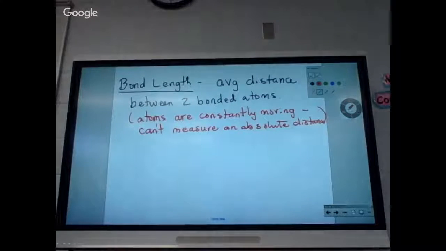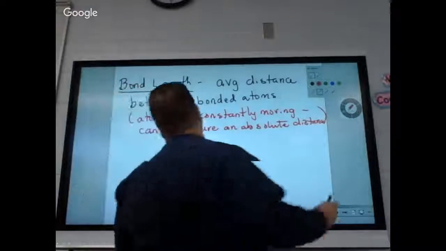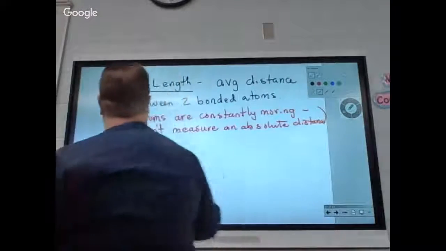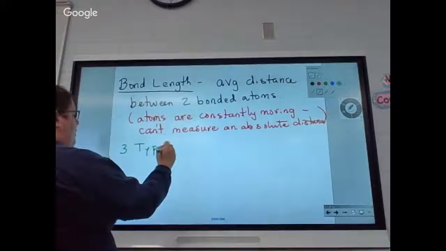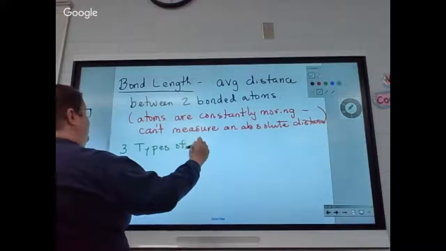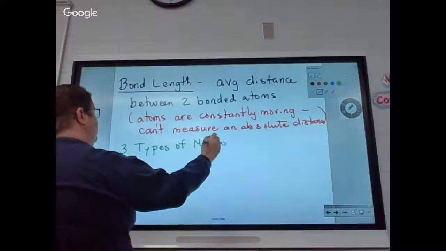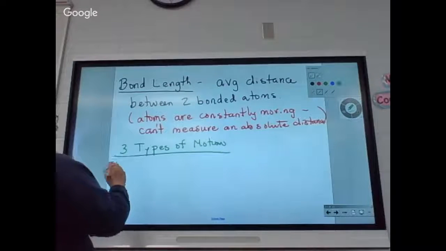Okay? So what kind of motion, first of all, do atoms have? We'll talk about these again later in the semester, but there are three types of motion.